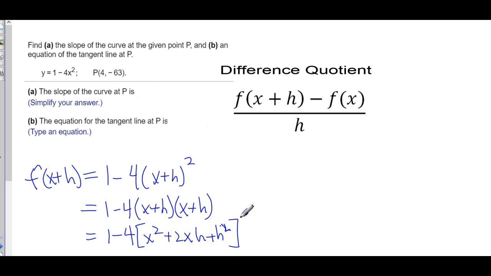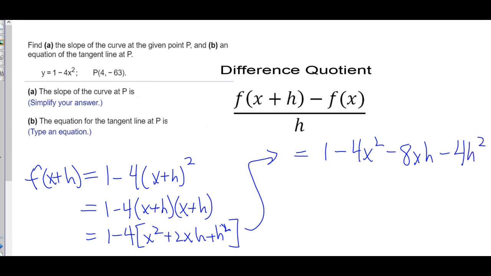Now distribute the negative 4 through, and you've got 1 minus 4x squared, minus 4 times positive 2 would be a minus 8xh. And then minus 4 times h squared will be a minus 4h squared.